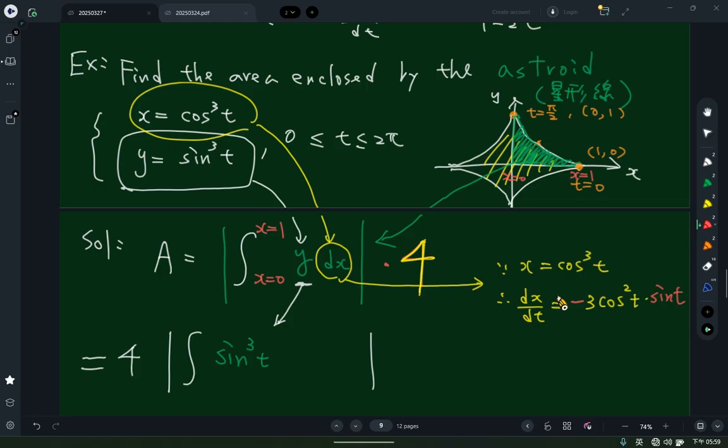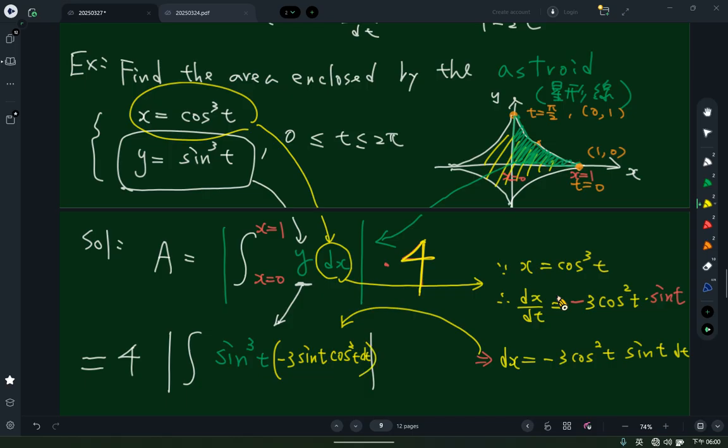So we can get dx is equal to negative 3 cosine square t sine t dt. So we can just use this one to replace it as negative 3 sine t cosine square t, then dt.